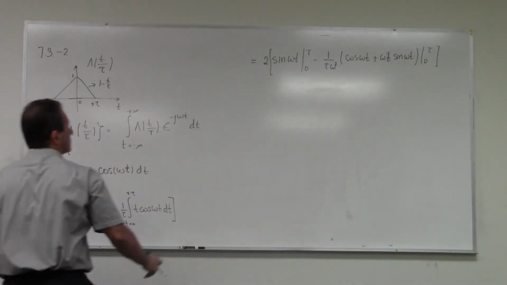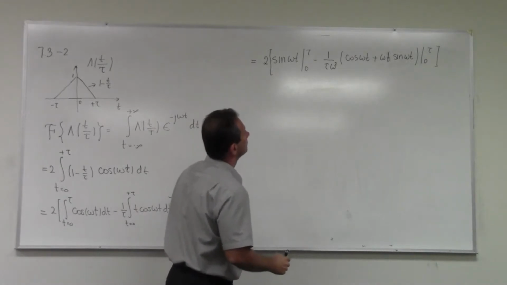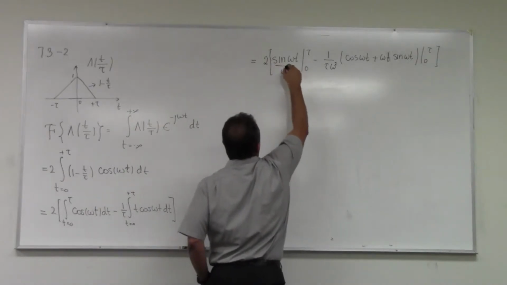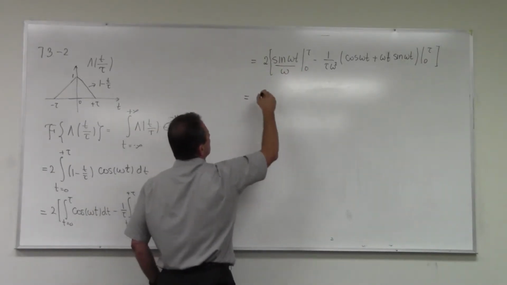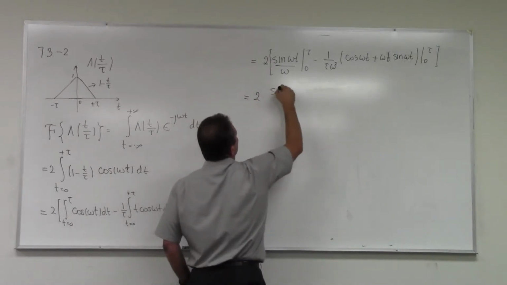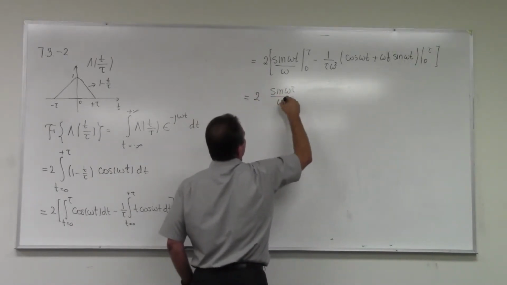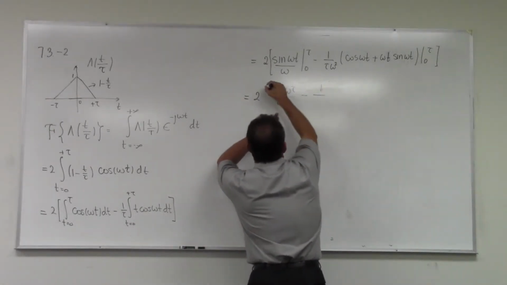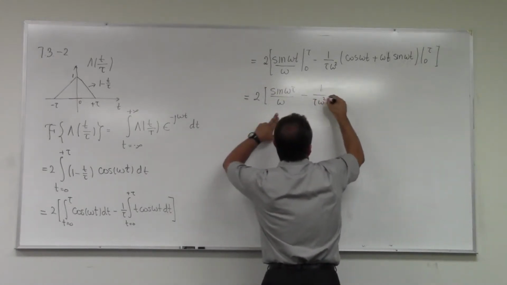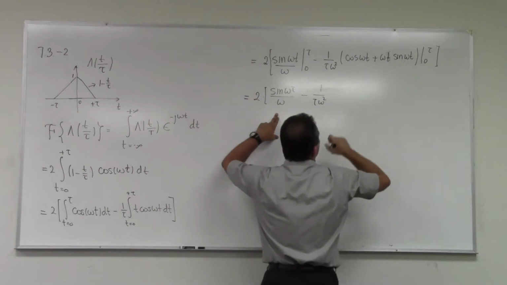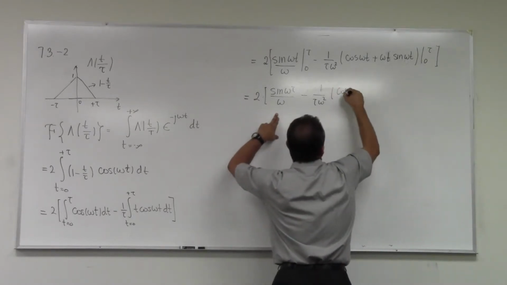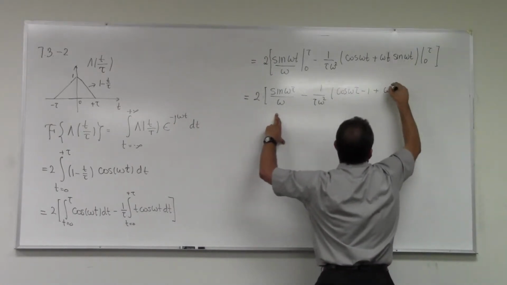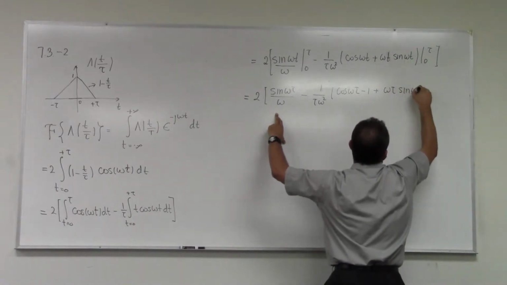Divided by omega in the first part, divided by omega here. So this is 2 times sine omega tau over omega minus, and then here I can write this as 1 over tau omega squared. When I substitute tau in the first term, I have cosine omega tau minus 1 plus, when I substitute tau in the second term, this is omega tau sine omega tau.